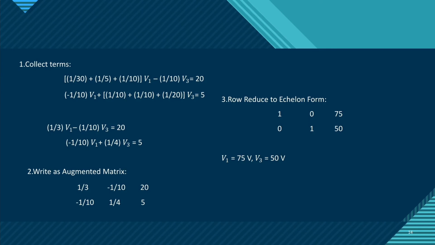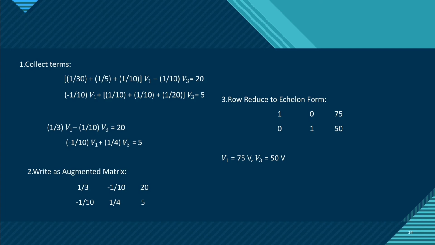Next, the engineer will simplify them to, for the first equation, 1 over 3 times V1 minus 1 over 10 times V3 equals 20. For the second equation, negative 1 over 10 times V1 plus 1 over 4 times V3 equals 5. Then the engineer will form an augmented matrix, as you can see from the slide.